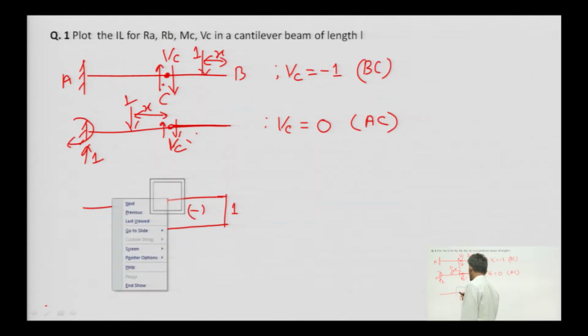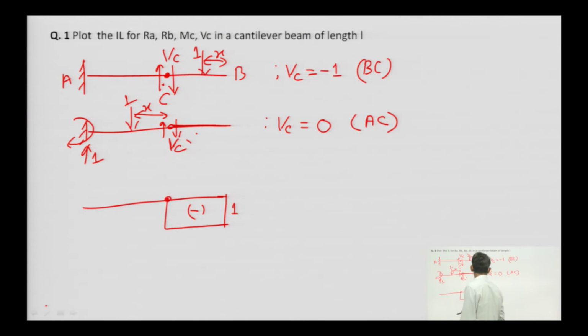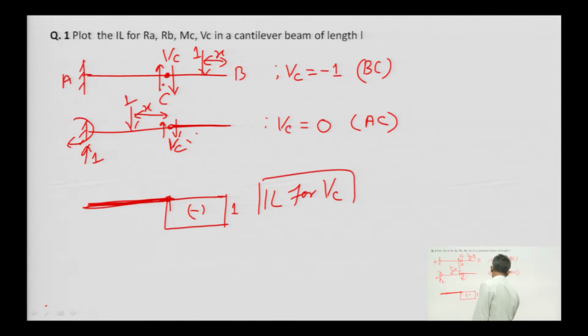At this point shear force value is 0, and in this entire segment AC the value is 0. So, this is the IL for Vc. If we want to plot the IL for bending moment at point A, that has been done in last class. So, this is the procedure to plot the ILD. This is IL for shear force at point C.